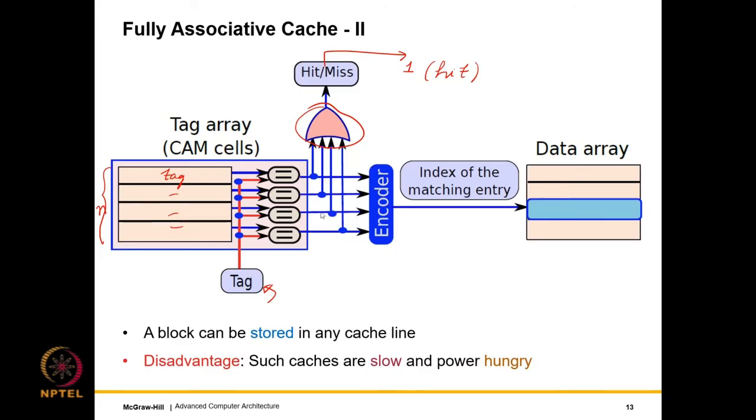But if all of them are 0, which means that none of the tags actually matched, then the final output will be a miss. Alright? And also if we were to find out which cache line actually matched, we need to use an encoder circuit. So recall that an encoder circuit works like this.